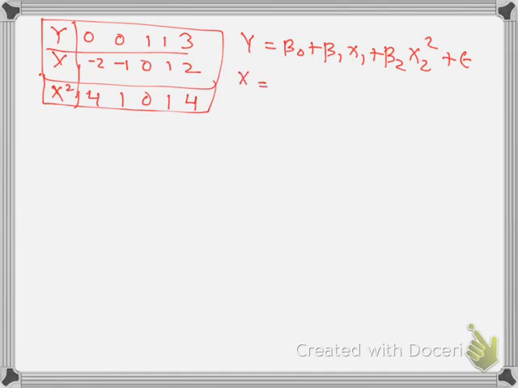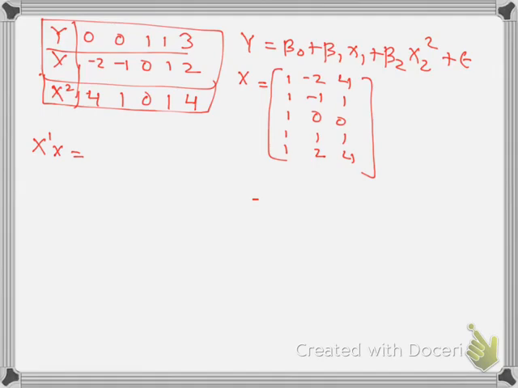X, it's going to be 1 1 1 1 1, -2 -1 0 1 2, and then I have it squared, so 4 1 0 1 4. X transpose x, so we're going to calculate all the stuff that we calculated last time.